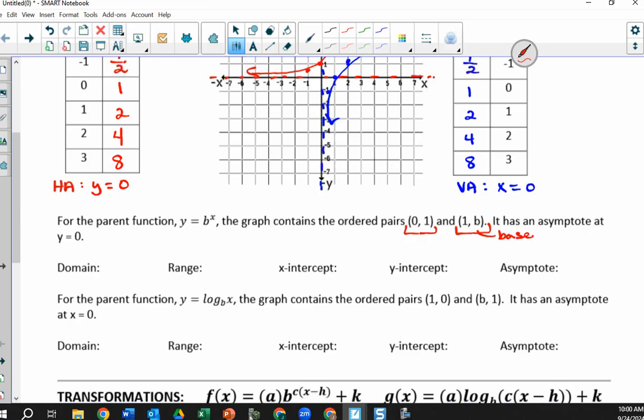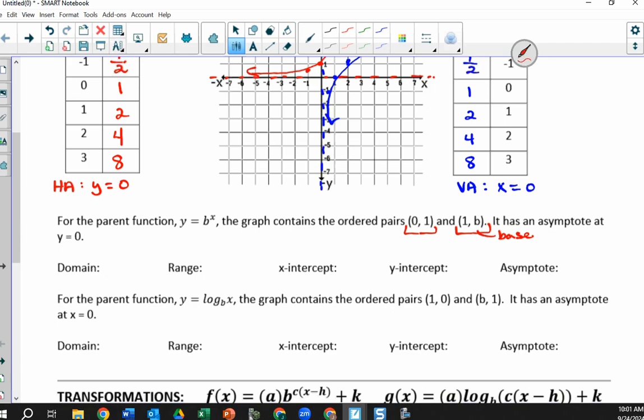I'm only going to ask you for 2 points. So you'll plot those, and then any sort of transformations that are happening, you'll have to do to those 2 points, and then you can draw your final graph. Yeah, does that make sense? Okay, so yeah, 0, 1 is 1 point, and then 1 comma whatever the base is. Okay, it'll make sense when we actually do one.